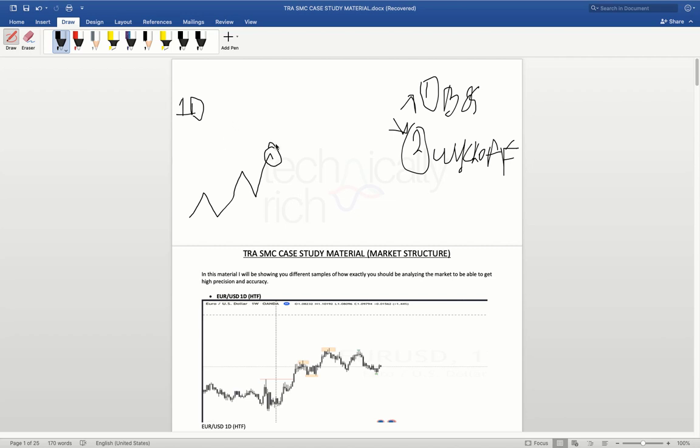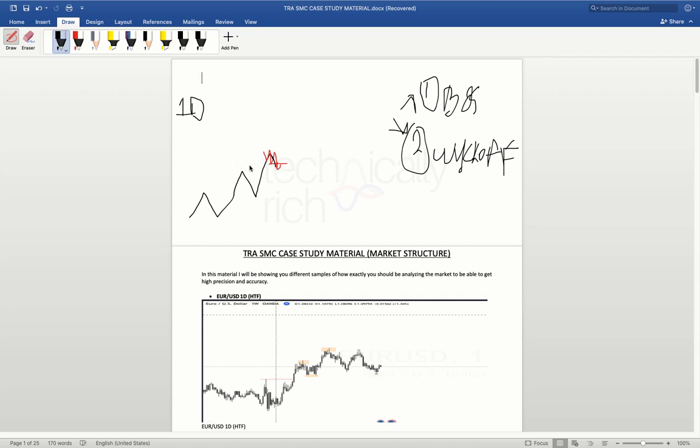So when you get to 1 hour, let's assume we go to the 1 hour now, we find out that the market had been rejecting this area, and we have something like this there on the 1 hour time frame. So we have this break of structure on the 1 hour time frame. Now remember, on the daily time frame, we are having this bearish engulfing candlestick, or that rejection.